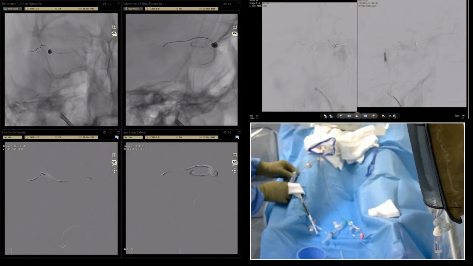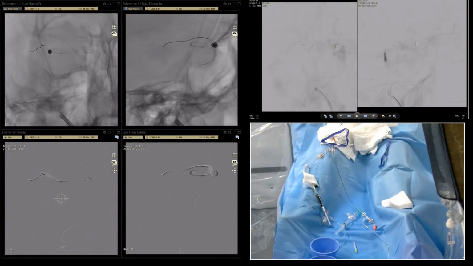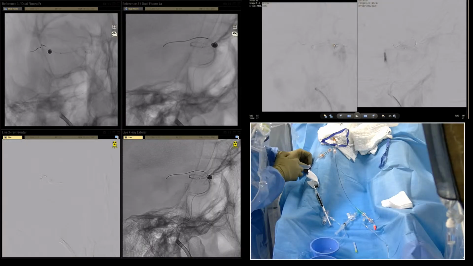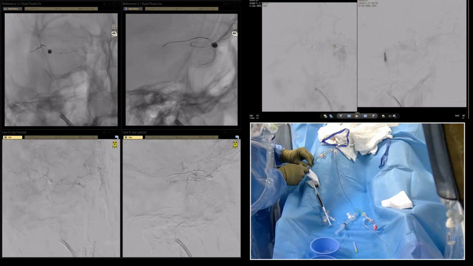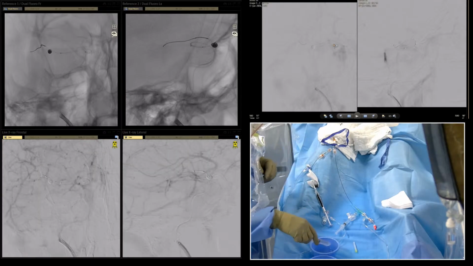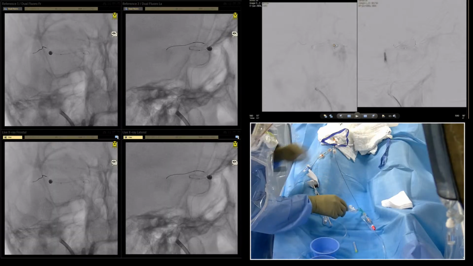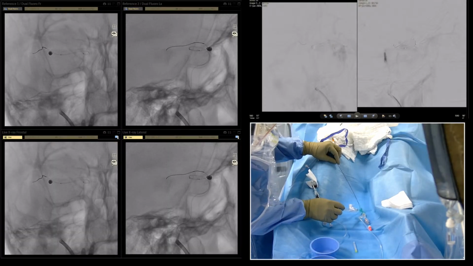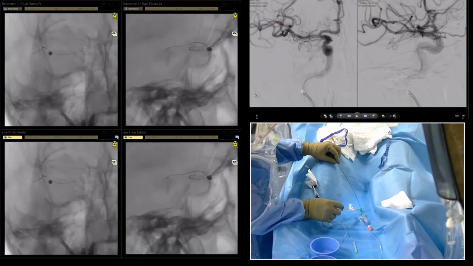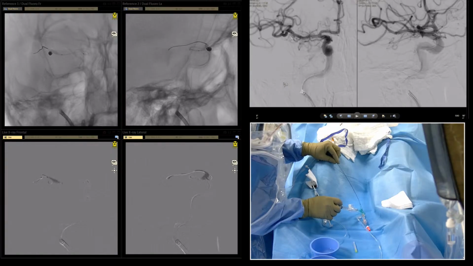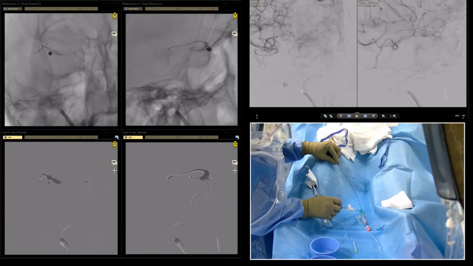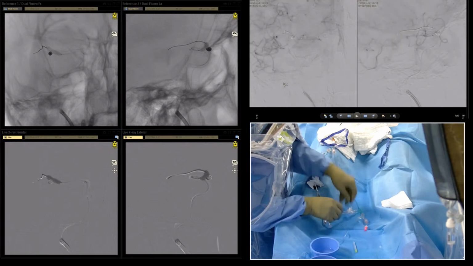Okay, let's do one more angiography. It's still bleeding, huh? It's still bleeding. Roadmap. Okay.